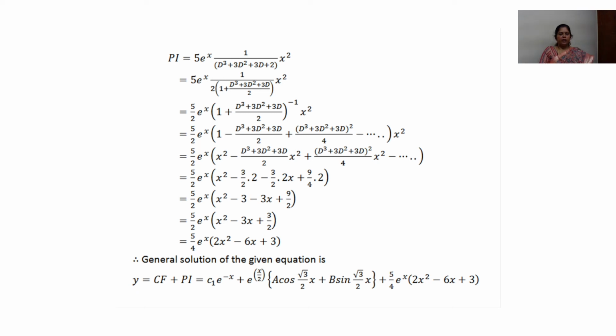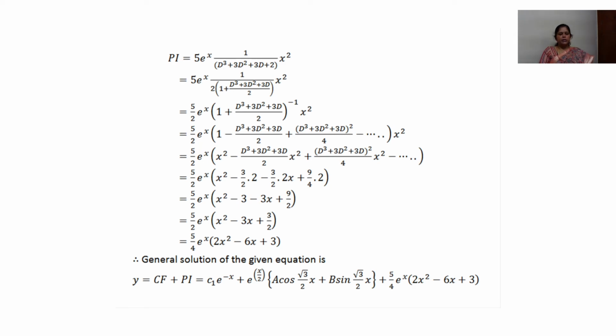Then the denominator value comes to the numerator, means 1 plus x form becomes 1 plus x whole to the power minus 1. So here in the place of x we have D cube plus 3D square plus 3D divided by 2. So we know the binomial expansion of 1 plus x whole to the power minus 1 is equal to 1 minus x plus x square minus x cube plus etc. So we are using that expansion for this x value.